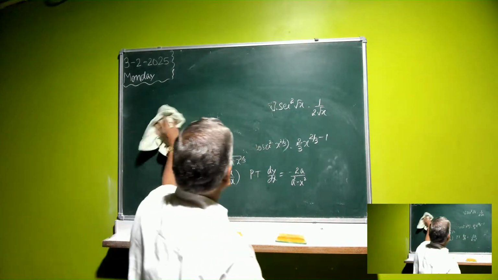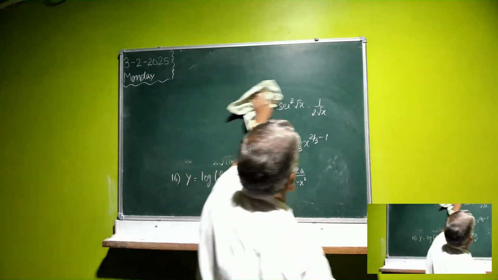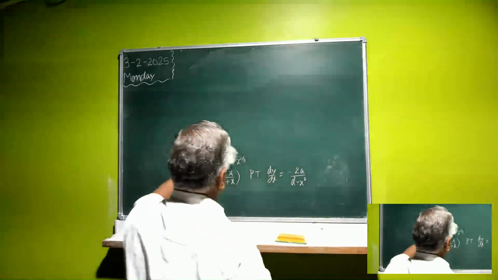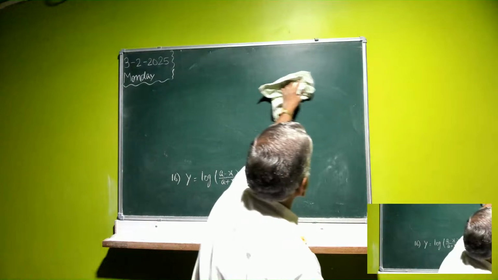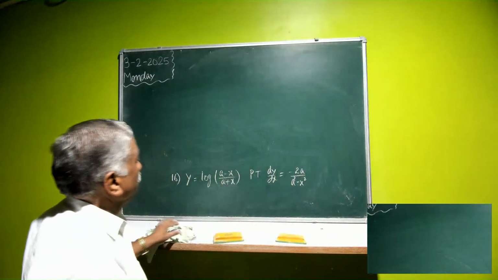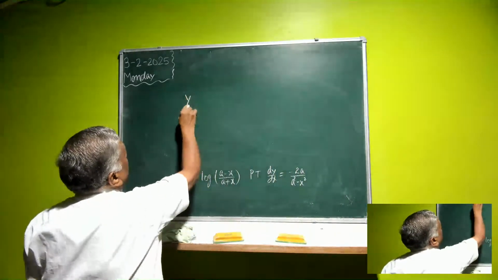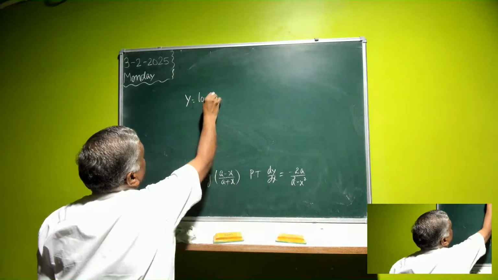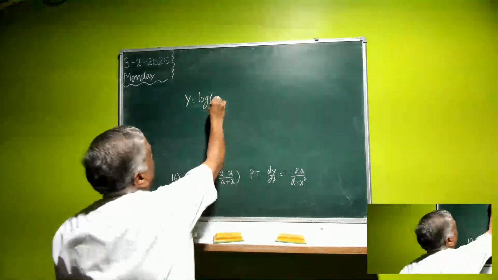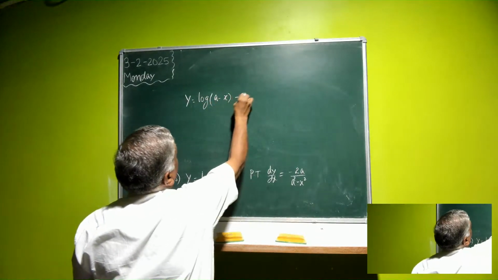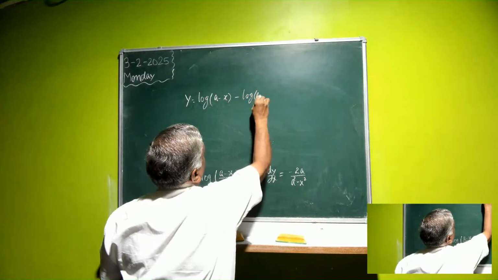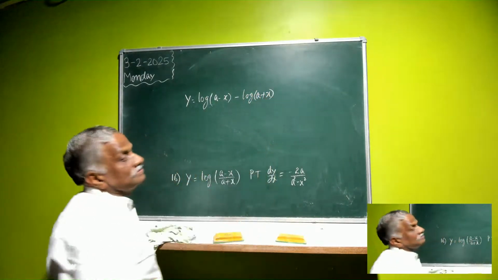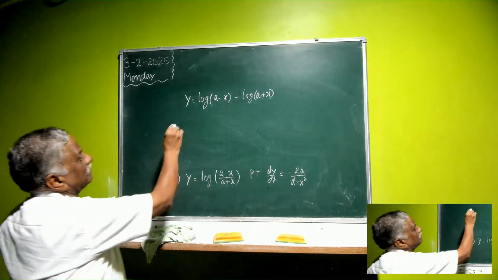We already worked on the problem of log of 1 minus cos x over 1 plus cos x. Do you know what formula we use? Log m by n. Use the same formula. y is equal to log of a minus x minus log of a plus x, log m minus log n. Now dy by dx.